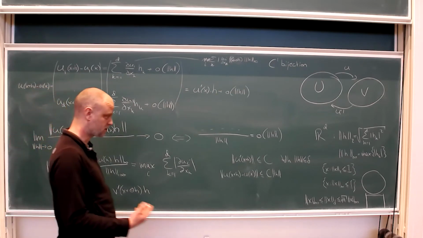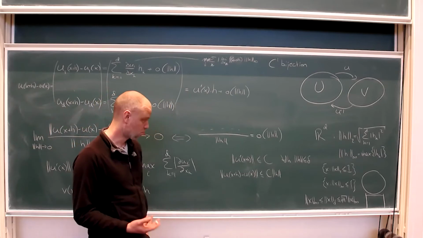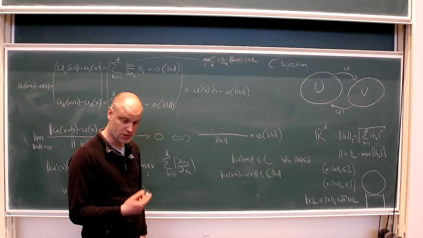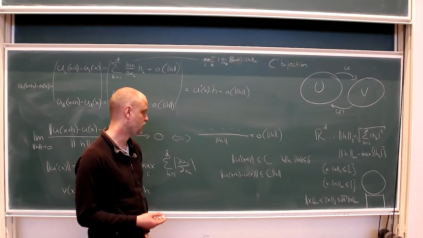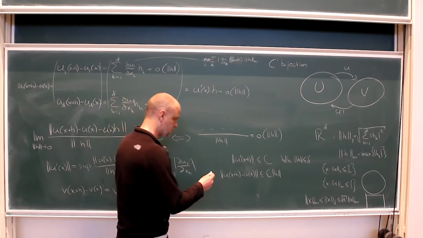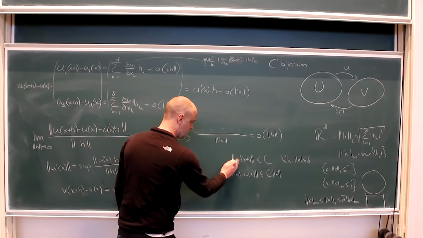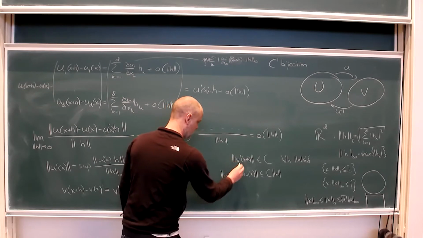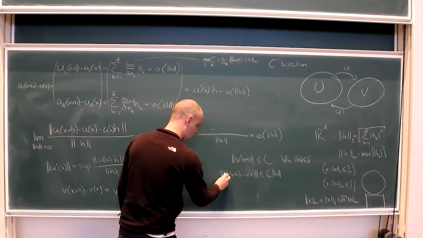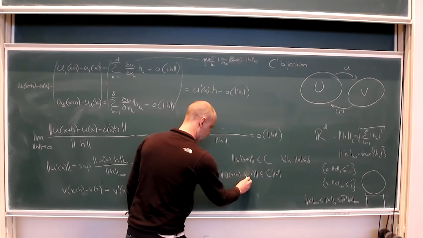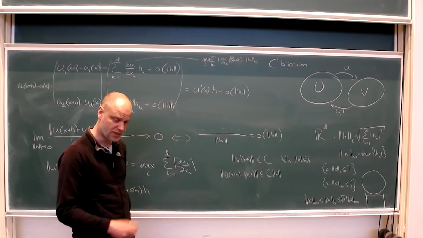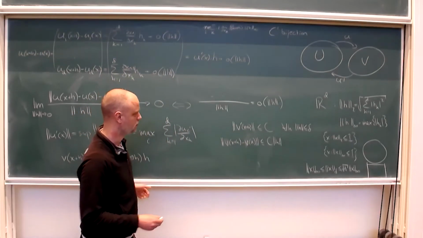Okay, and that's true for any u. Well, let me change this to a function v, but now v is multivariable too. Here's the nice trick that we're going to use.